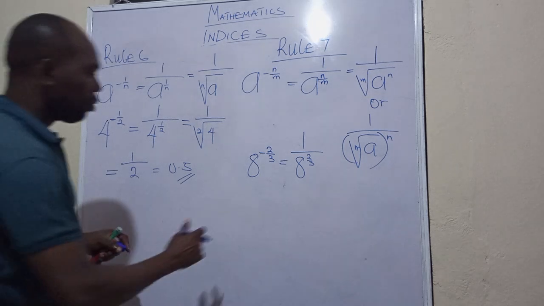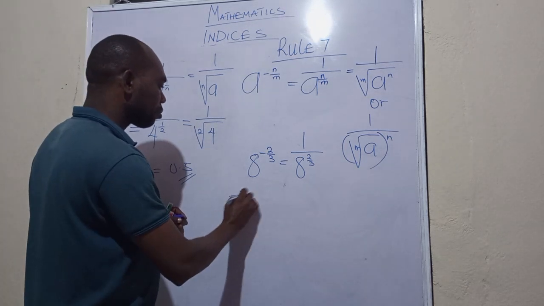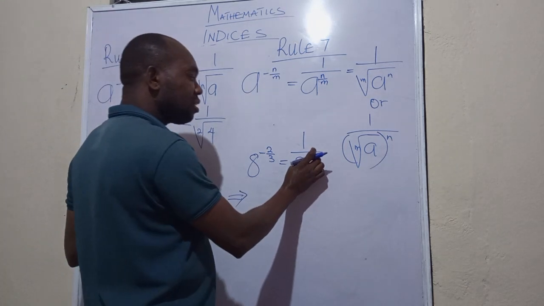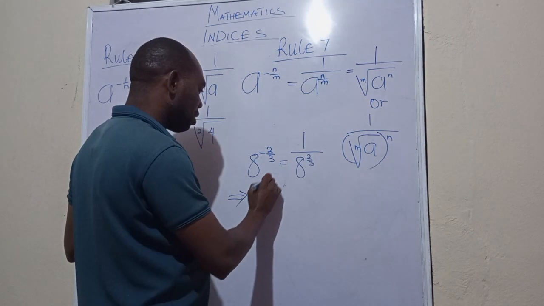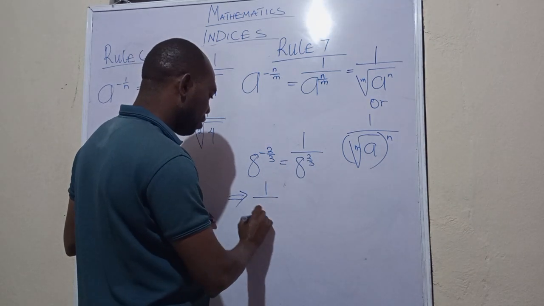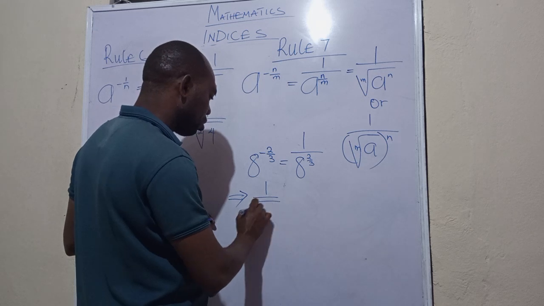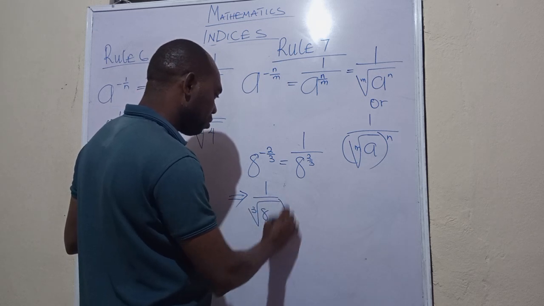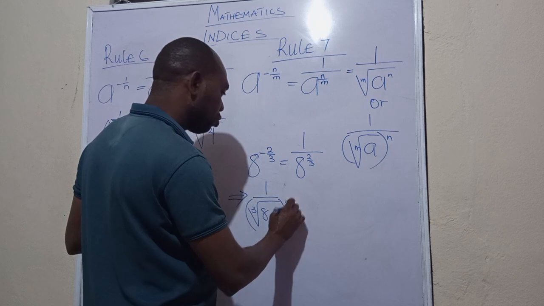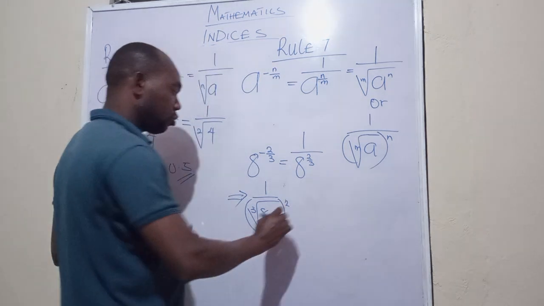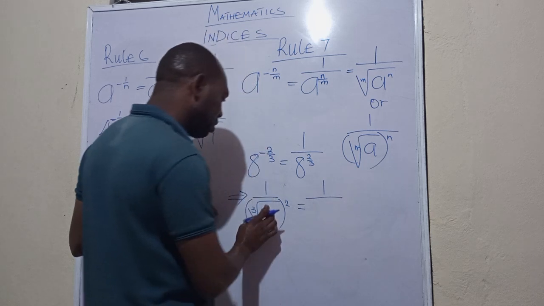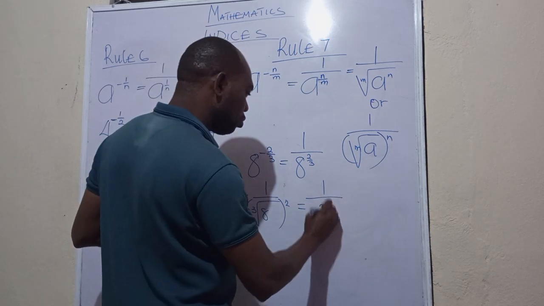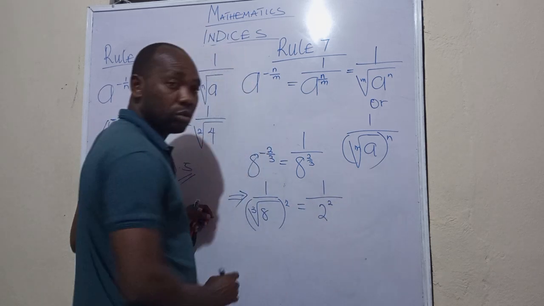Now in the continuation, this is rule 5. We will express it, which is now going to be 1 all over the cube root of 8 raised to the power of 2. So that will be 1 all over, by expressing it here, 2 raised to the power of 2.